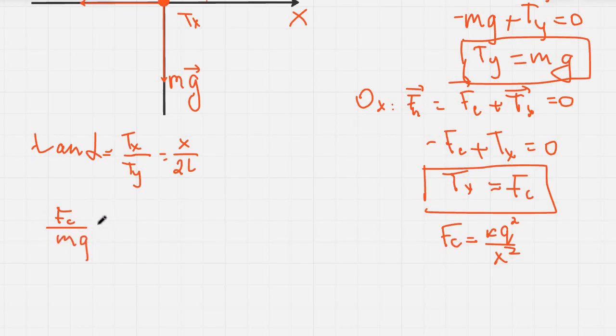So the electrical force over mg equals x over 2L.